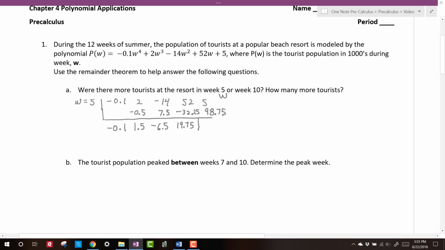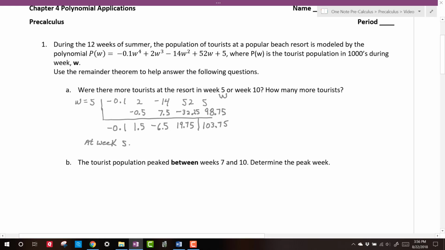So I add 5 to that and I get 103.75. So what that tells me is that at week 5, now remember this is in thousands, so I would have to take this number here and multiply it by 1,000, which means I bump the decimal over 3 places.